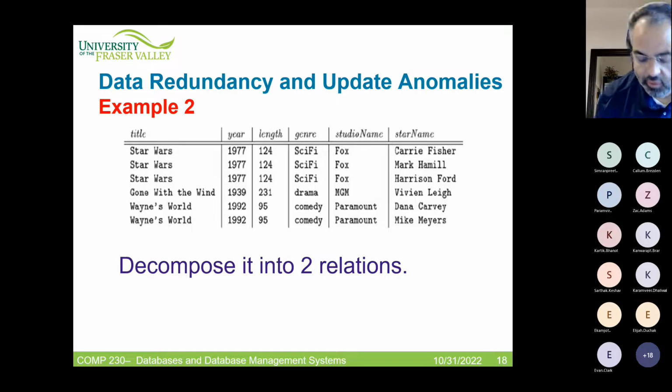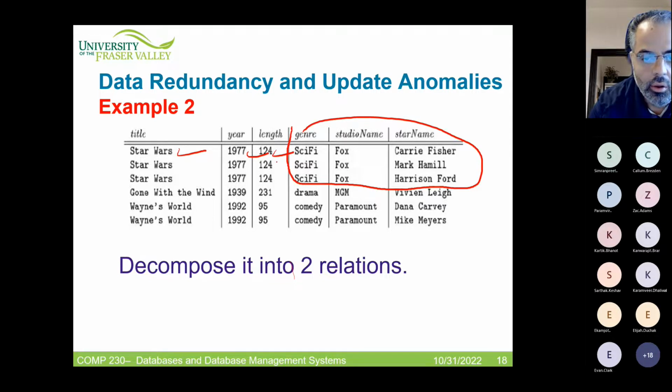This is another example. We have data redundancy and update anomalies here. So we have this table. If we look at this table, for example, when we talk about Star Wars, year, length, and then genre, studio name, and star name, we are always duplicating the same data because they are talking about the same movie.